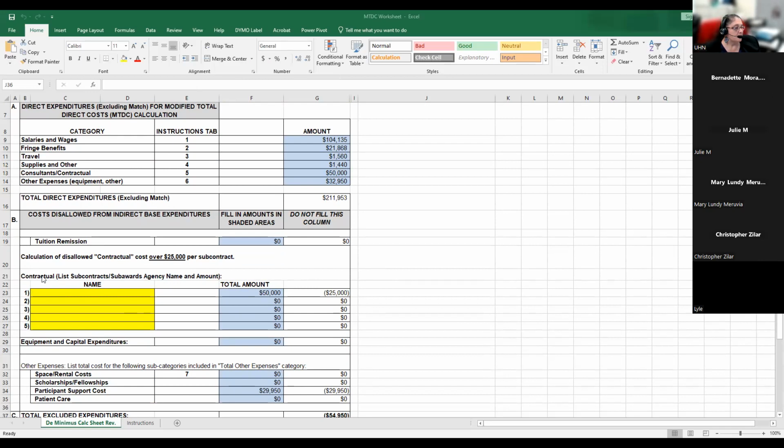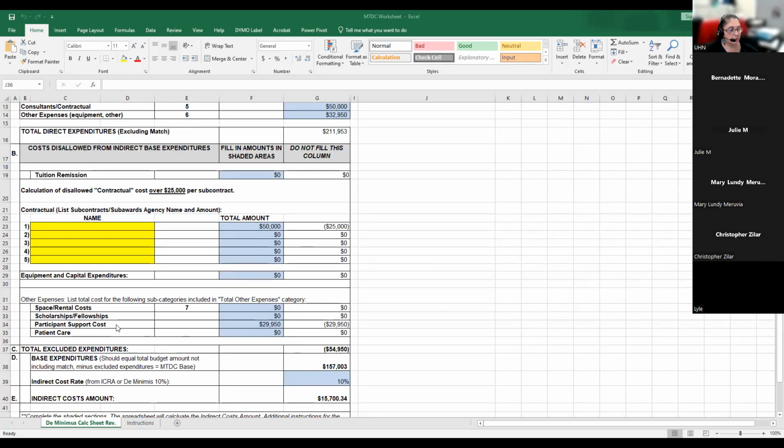Anybody who's a contractor or a subaward, and specifically subawards we're not allowed to do, but we can have contractual relationships. But if you have named people in your grant as contractual, so if you're doing an external evaluator, whatever their cost may be, the max you can receive on their total is 25,000. It's the first 25,000 on that person.